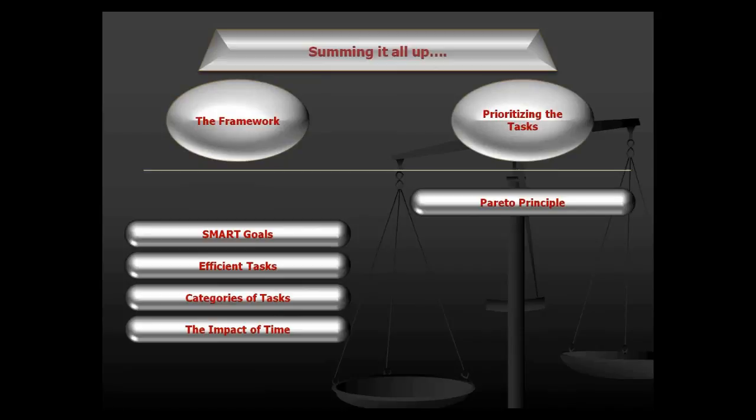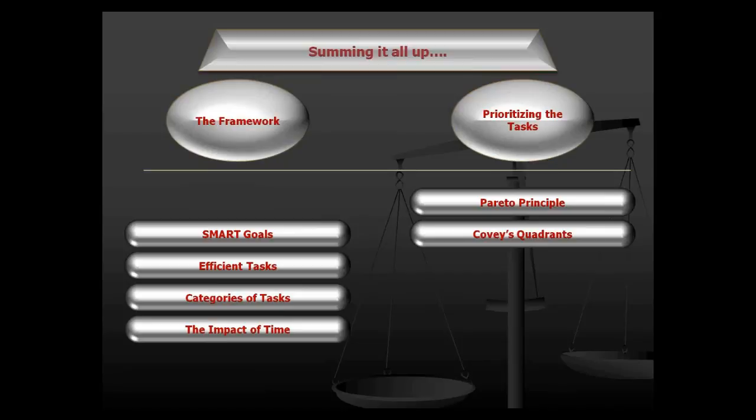So we looked at six techniques. We looked at the Pareto principle, that's the 80-20 rule. We looked at Covey's quadrants, that's the important versus urgent graph. Important and urgent is crisis. Important but not urgent is prevention. Not important but urgent is disruptive tasks, and not important, not urgent are trivial tasks.